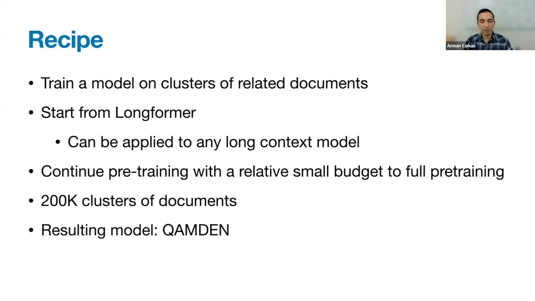For example, we use only 200,000 clusters of documents. And this can be done in 1 day, which is doable with most of the academic budget. So this resulted in a model which we called Camden.